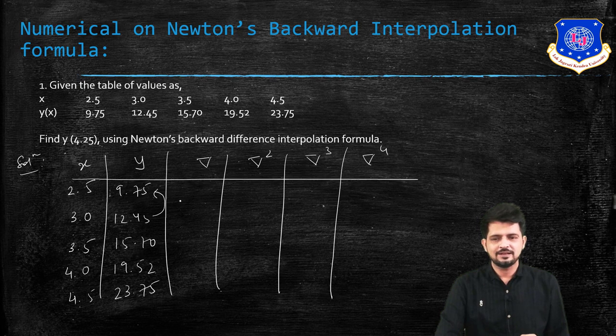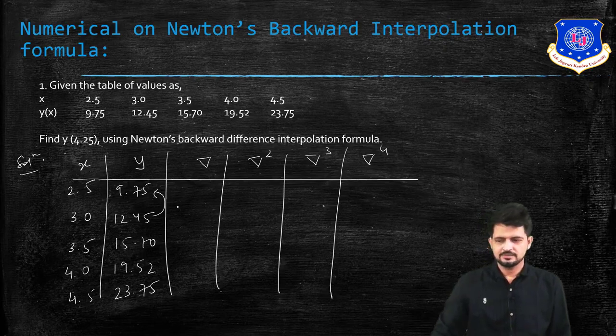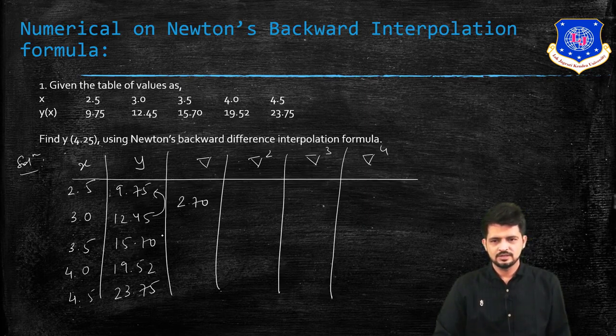Okay, now find the differences and write here. This is our nabla y1: 12.45 minus 9.75. My first value will be 2.70. This minus this will give me 3.25. We are writing in the center, right? Then this value will give me 3.82, then 4.23.